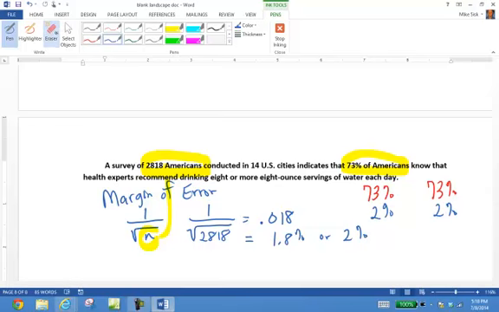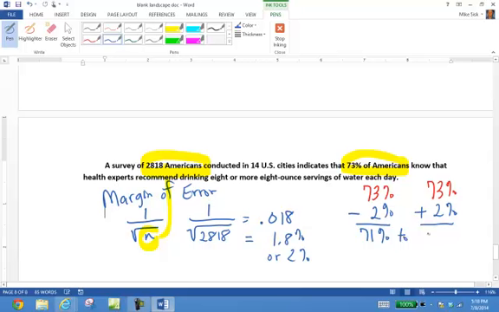I'm going to scoot this out of the way so that my numbers don't overlap and cause some possible confusion. I'm going to subtract them, and I'm going to add them. So my confidence interval is anywhere from 71% to 75%. Again, I got these numbers by adding the 2% to the 73 and by subtracting it. And that's the way you do these exercises. Again, if you have questions, you know that you can always contact me or get help from an individual student.